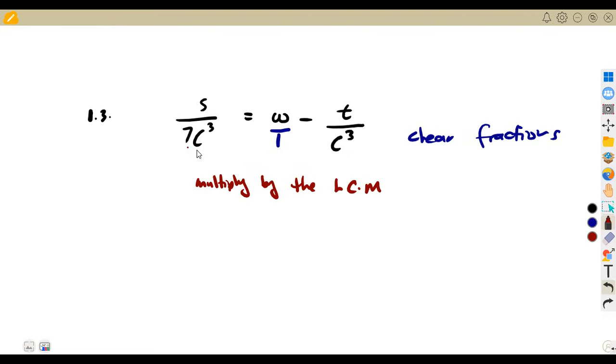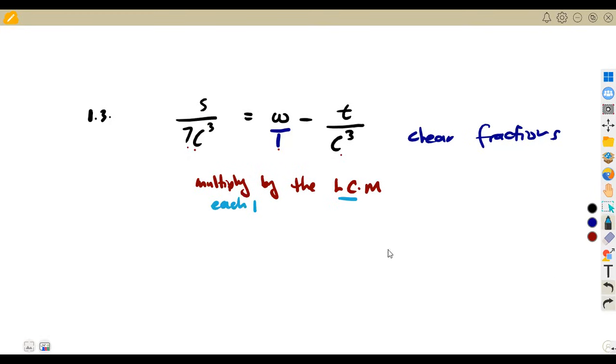Between 7c cubed and c to the exponent of 3, which one is the LCM? Not the highest common factor, but the LCM. That is going to be 7c cubed. The number that we take there, 7c cubed, can also be found here. We're not just multiplying by the LCM once, we're multiplying each term.